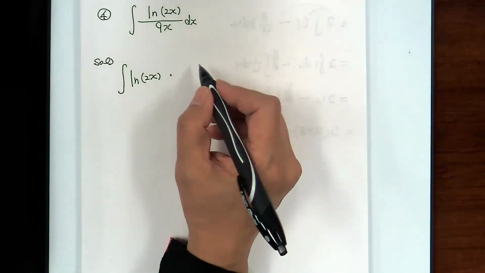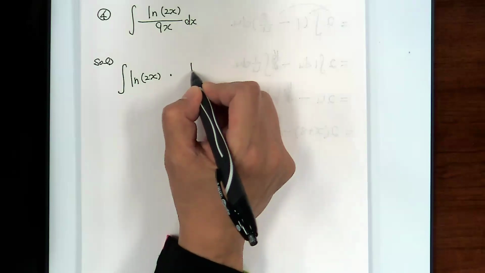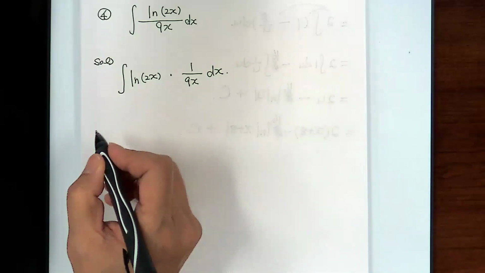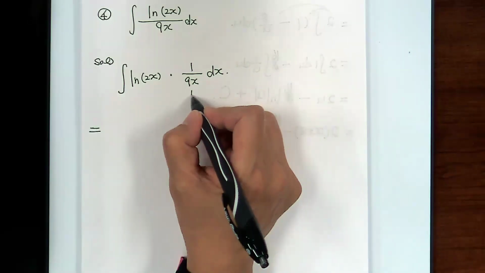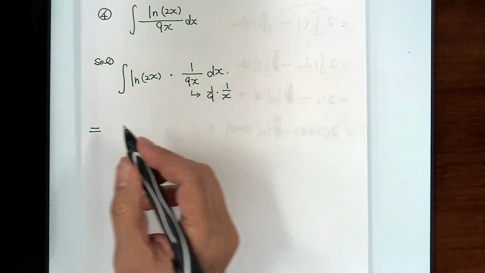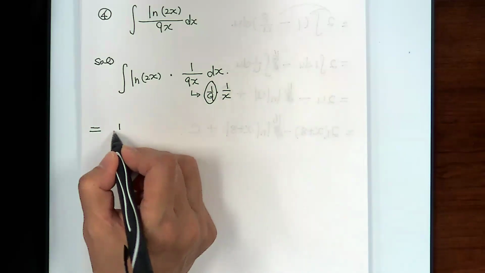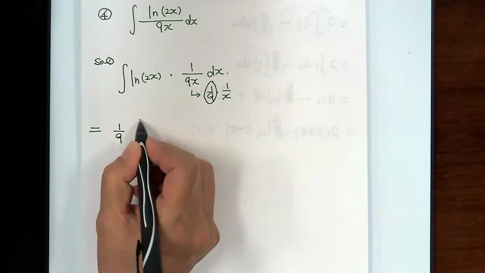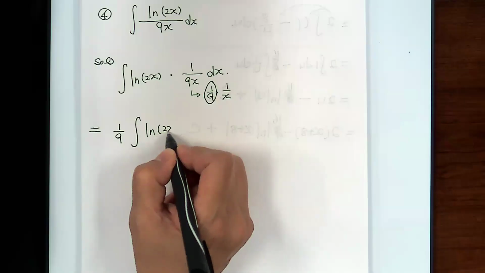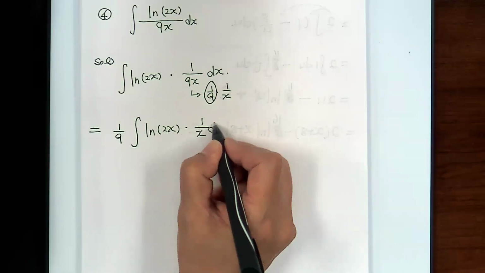We write natural log of 2x times 1 over 9x dx. And this is 1 over 9 times 1 over x, so I can write this number in front of the integral. So 1 over 9 times the integral of natural log of 2x times 1 over x dx.